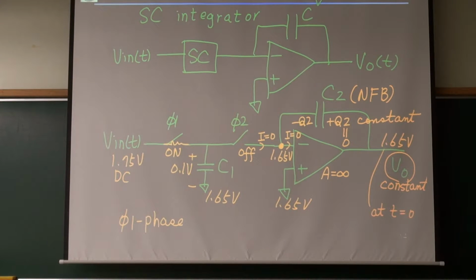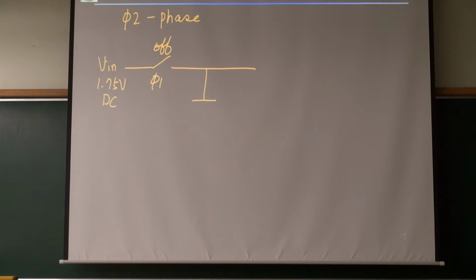So let's change it to the phi two phase. Yeah, this V in T, 1.75 DC, is isolated, right? So this C1 is charged to plus 1 volt here.